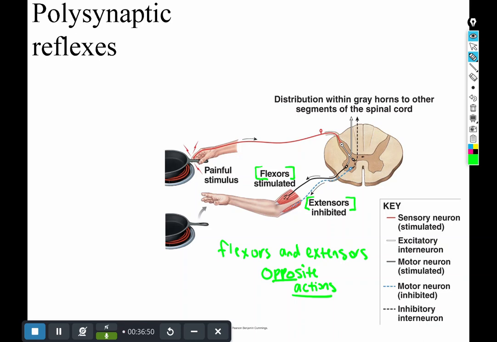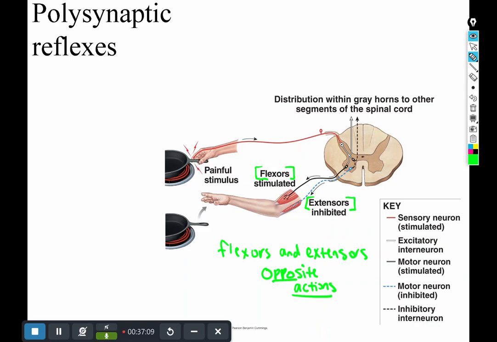So what I mean by that is if you were to activate both muscle groups at the same time and do so forcefully, it wouldn't produce the motion required to get you away from the painful stimulus, and it could even injure you if you activated them forcefully enough.